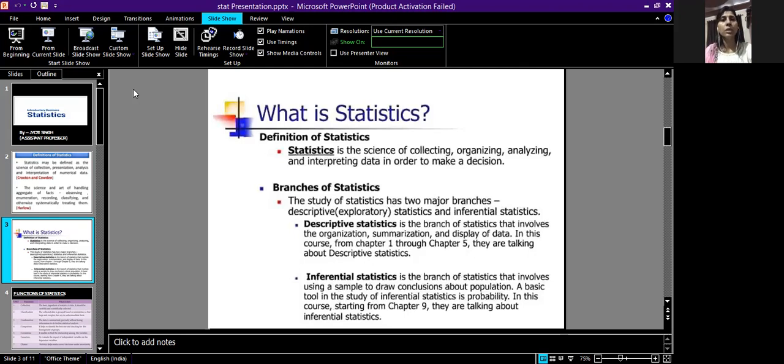By which method have you collected the data? That is all important before drawing any information from the data. So collection is the first function of statistics, and it tells us which data you are collecting.